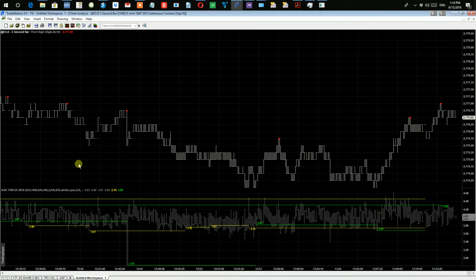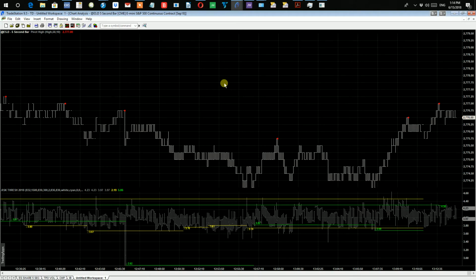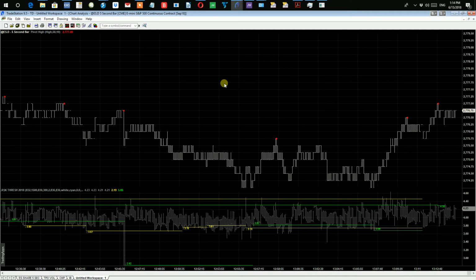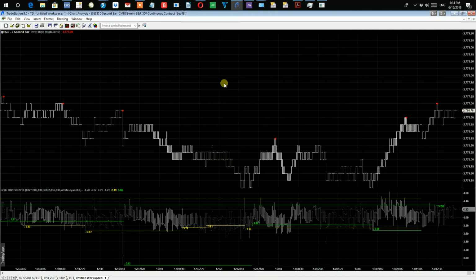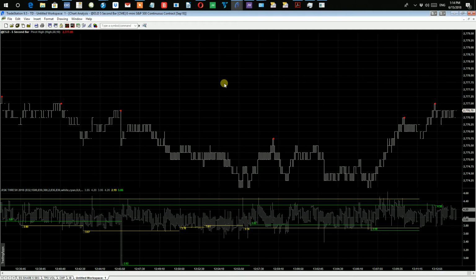But in any case, that's how you manipulate the settings to tell you what it is that you're trying to capture. So the question is, what are you trying to emulate? And then how fast do you want it to plot? When it comes to making the decision to trade, you don't necessarily have to wait for it to plot to execute the trade.